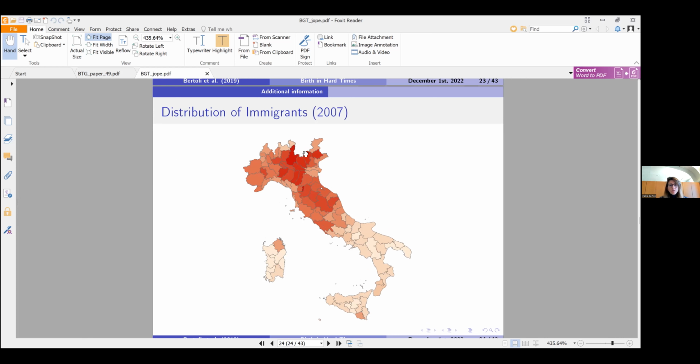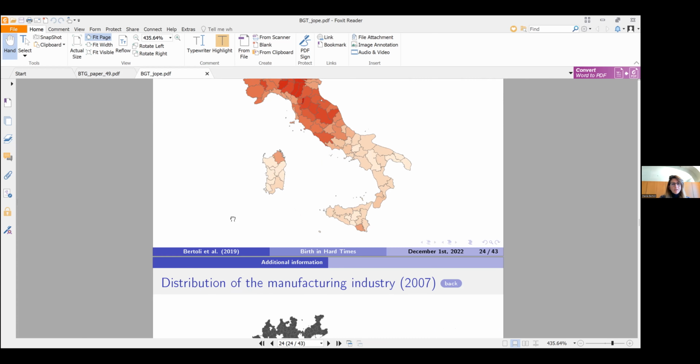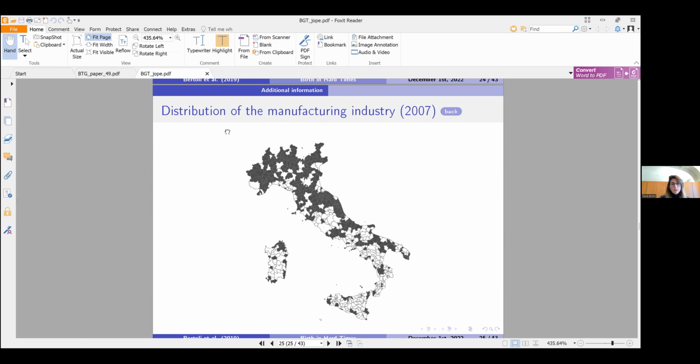Also, during the economic crisis, the presence of immigrants in this area was not affected, so we don't have a change in the immigrants' share. And they also are quite homogeneous compared to those in the south. So this is the first reason why we decided to cut some regions out of the analysis.